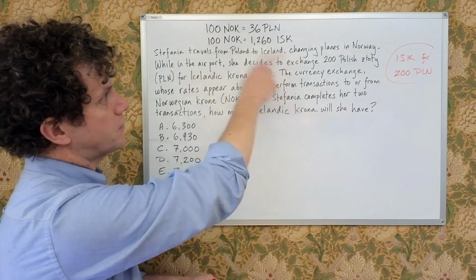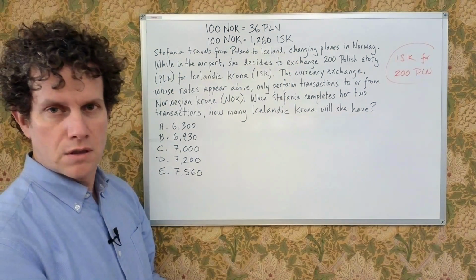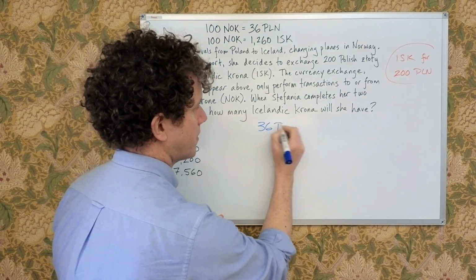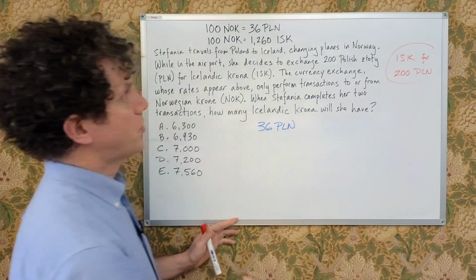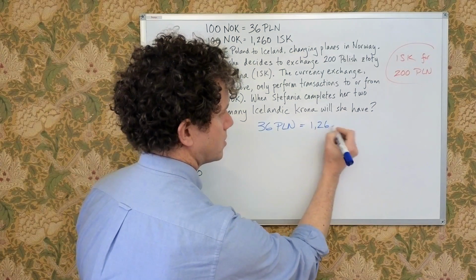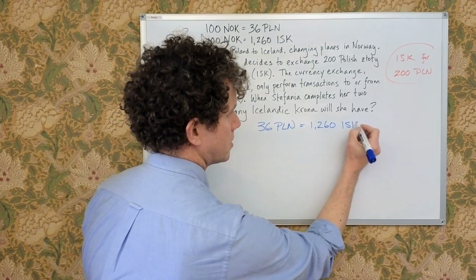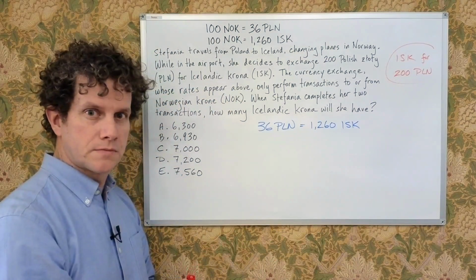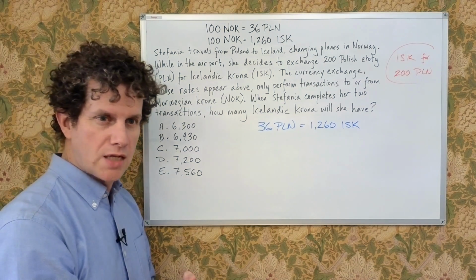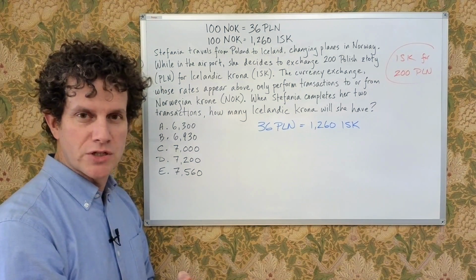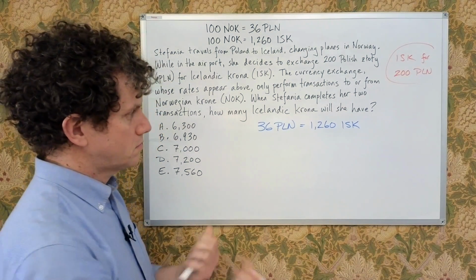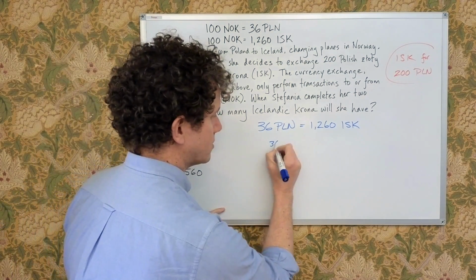So if these 2 things are equal to the same thing, then we can say that 36 zloty are equal to 1260 Icelandic krona. And now where we begin and where we want to end are in a direct relationship with each other. Okay, so there's our rate.